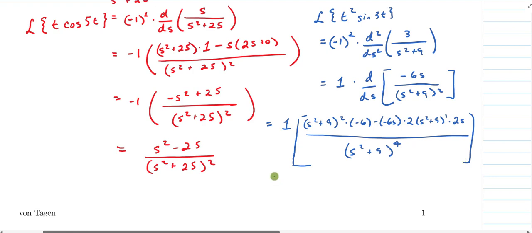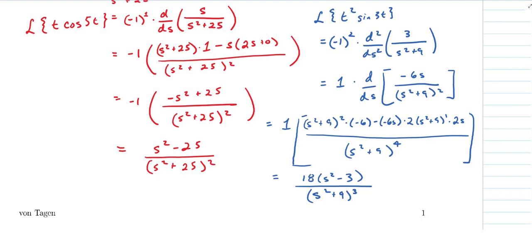That turns out, and you can check this, that this simplifies to be 18 times s squared minus 3 all over s squared plus 9 to the third power. You can see right off the bat that one of those powers will cancel, and that's how what remains cleans up. So folks, I didn't have enough room to give the full answer.